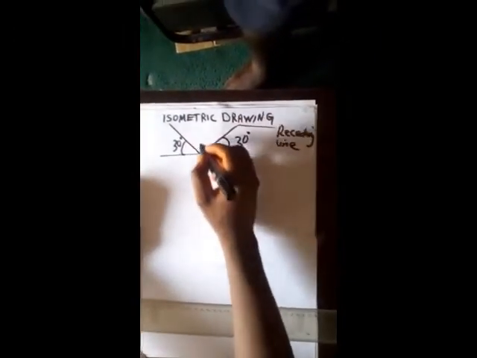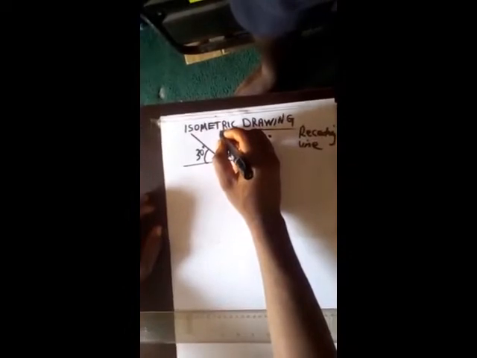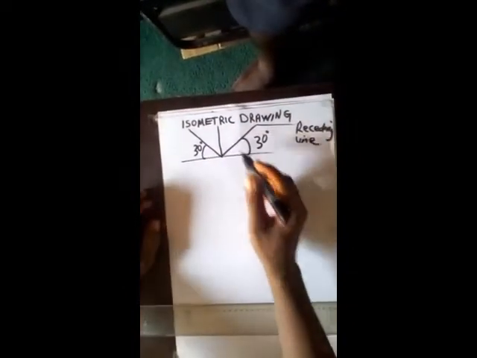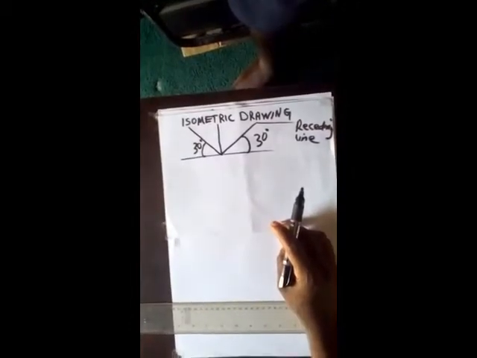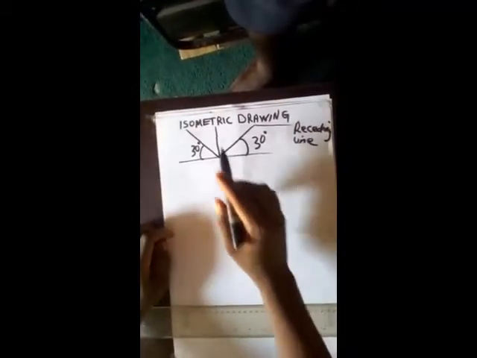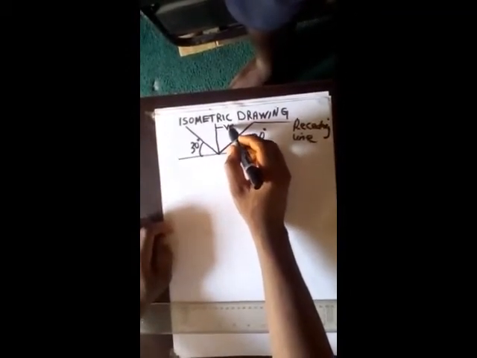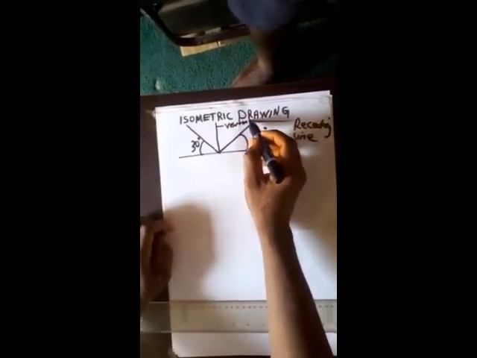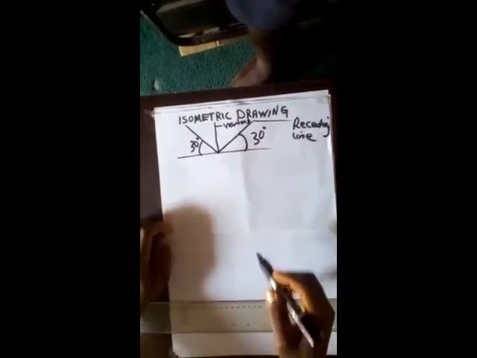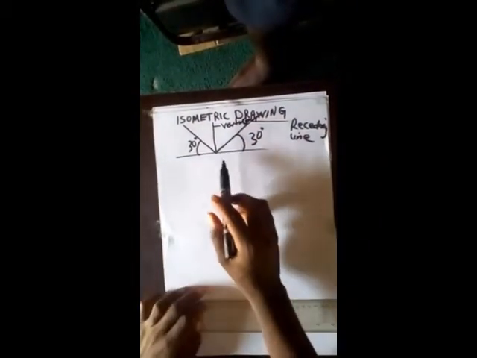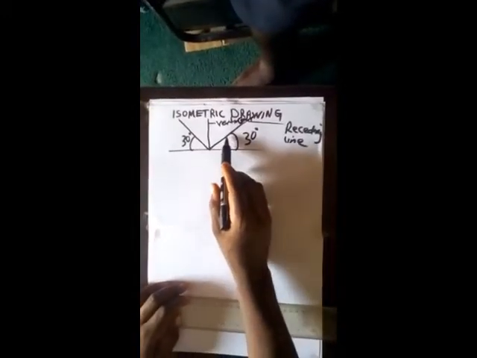Now you have another line here, a vertical line. So in isometric we have three major lines. The three major lines we have here are the vertical line, the horizontal line, and the receding line.